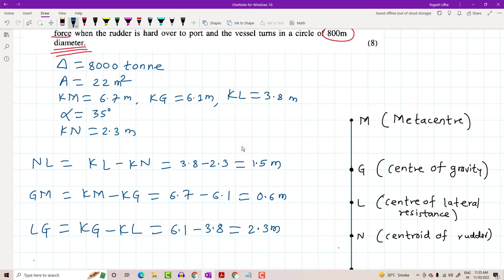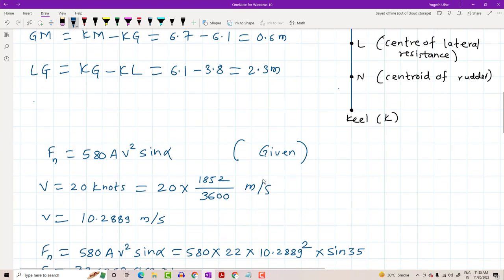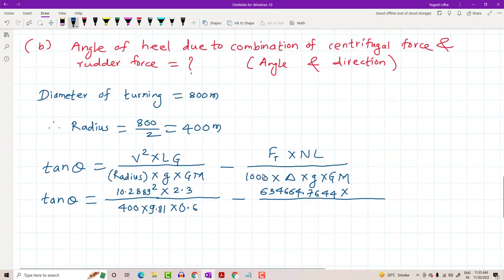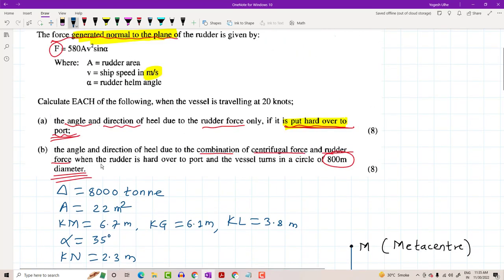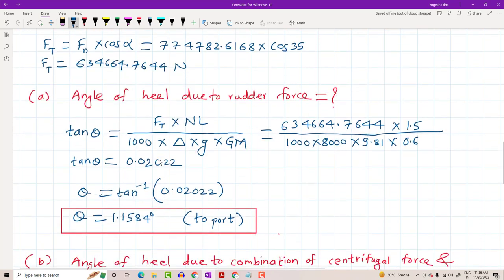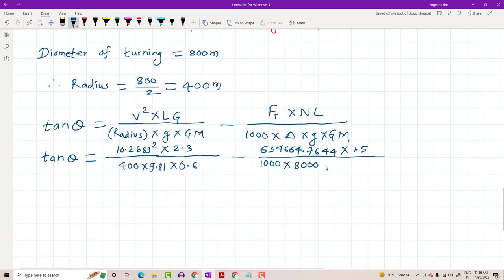We calculated earlier 1.5 meter. Divided by 1000 into displacement, which is 8000 ton, given in the beginning, into g, 9.81, into Gm, 0.6 meter.